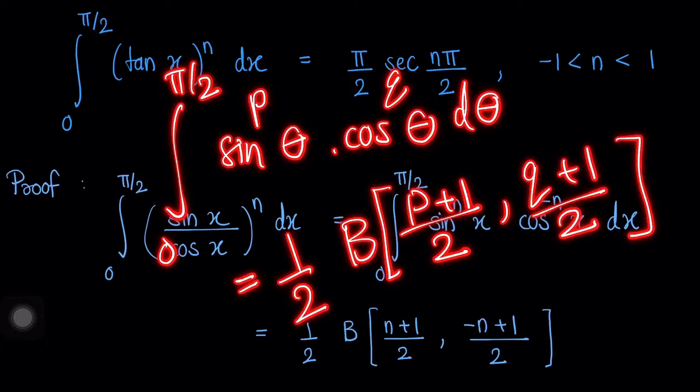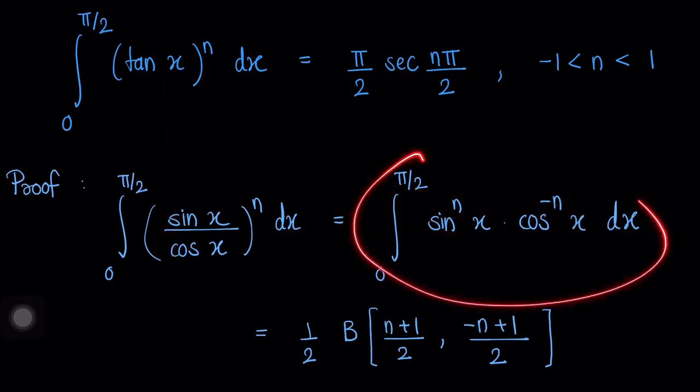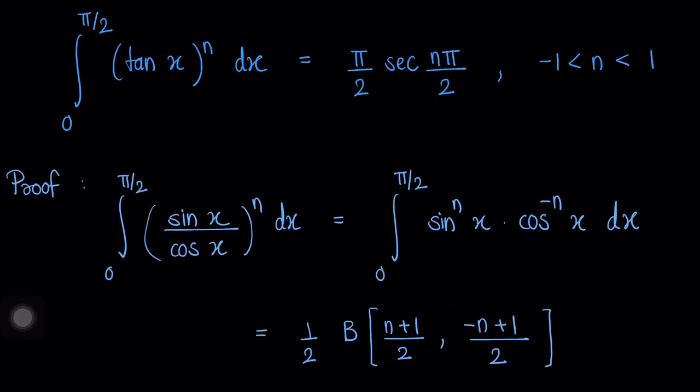So using this formula, the value of this integral is equal to 1 by 2 beta of p plus 1 by 2, that is n plus 1 divided by 2 comma q plus 1 by 2. So q is minus n, so minus n plus 1 divided by 2.